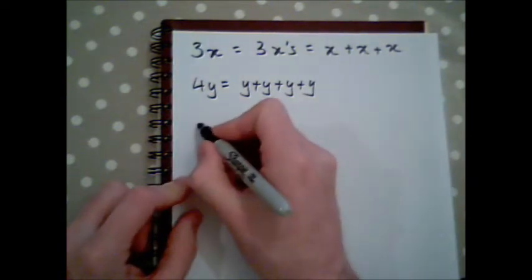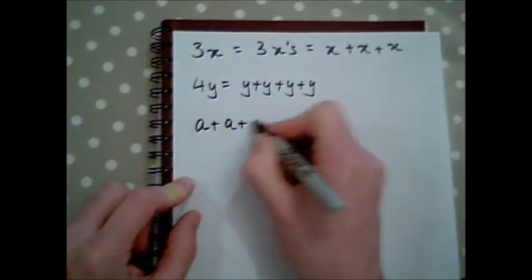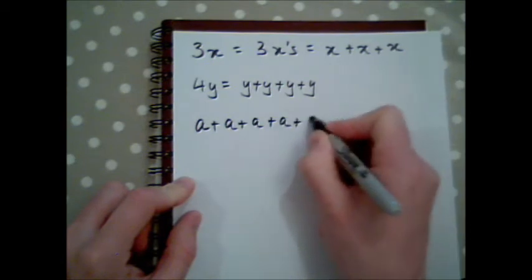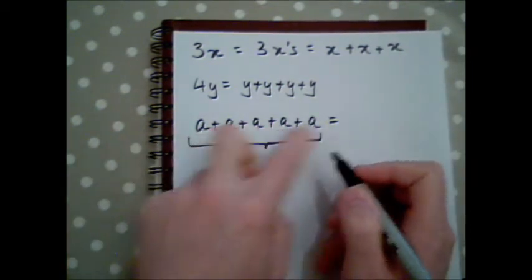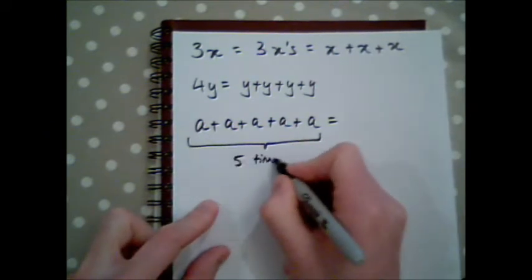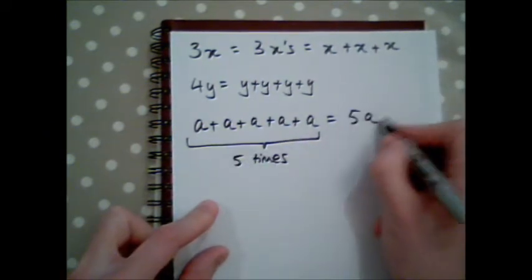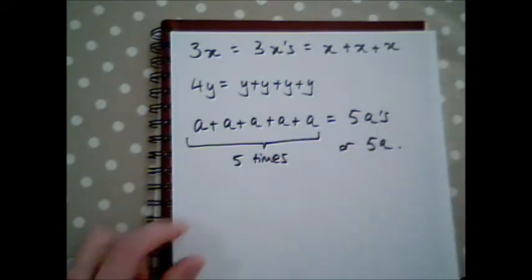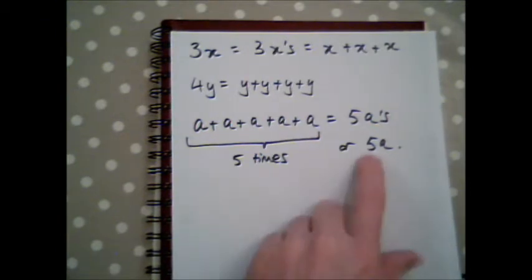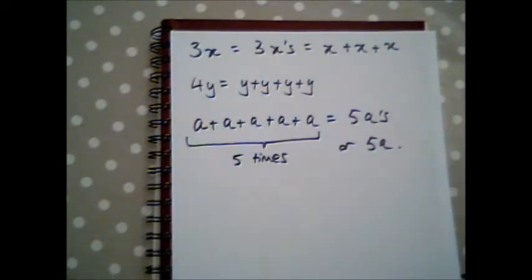Okay, and for instance, a plus a plus a plus a plus a. I have 1, 2, 3, 4, 5 of these. So that's going to be 5 a's, or we'd write that as 5a. Okay, we'll leave out the s. But 5a means 5 a's.